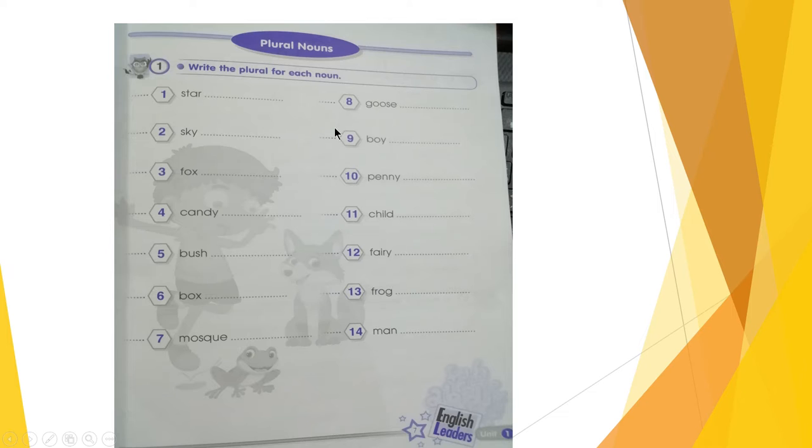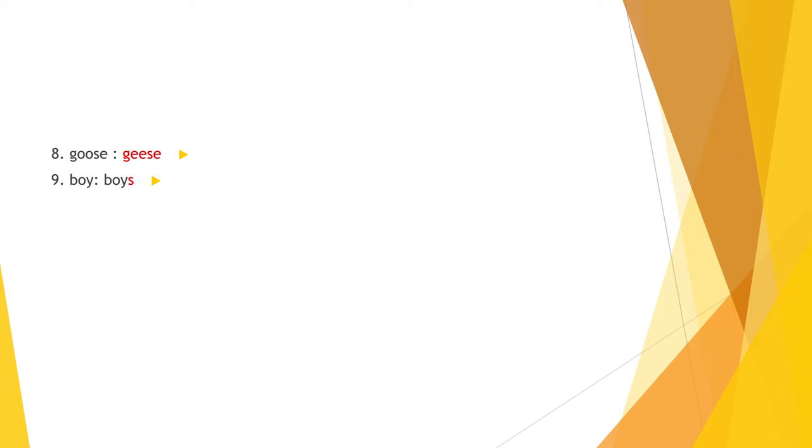Okay. Now let's move to pie. Pie follows which rule? Rule number 1, 2, 3, or 4? Yes, rule number 1. So pie becomes pies. We just add s.